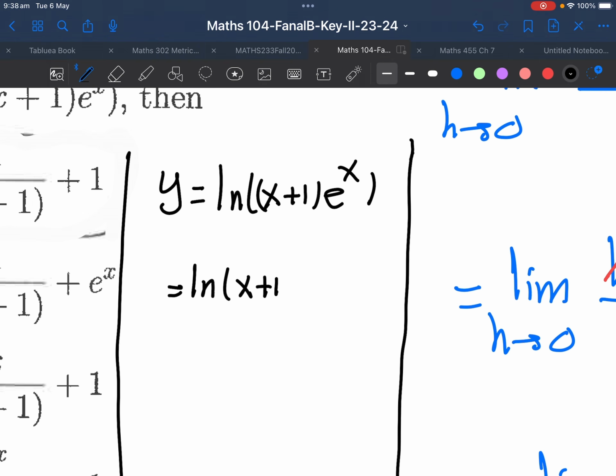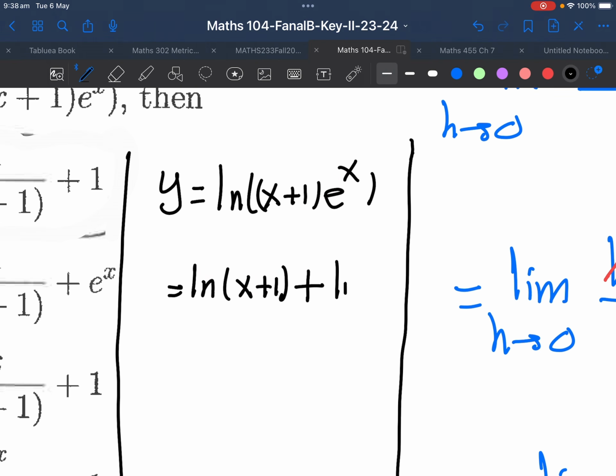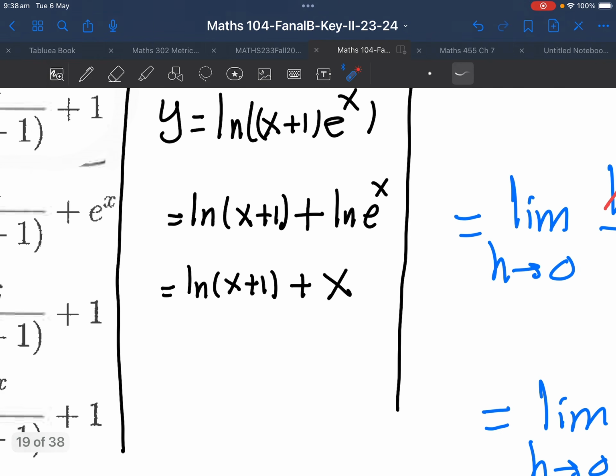So it will be ln(x plus 1). Remember, the ln does not go to the plus. It only distributes when we have a product. Plus ln e to the x. So it is ln(x plus 1) plus x, because remember, ln and e cancel each other, so we just get x. And this is y.